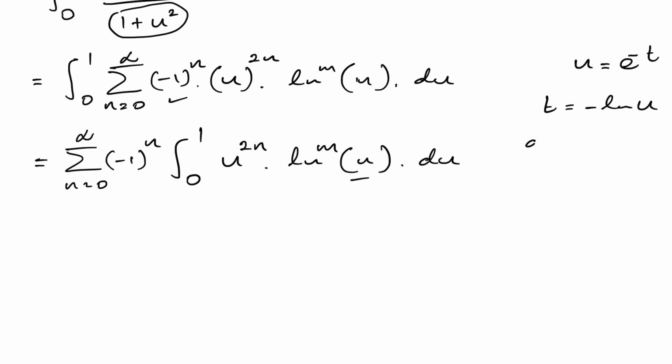Then dt is equal to minus 1 over u times du. Since u is e to the minus t, dt is equal to minus 1 over e to the minus t times du.